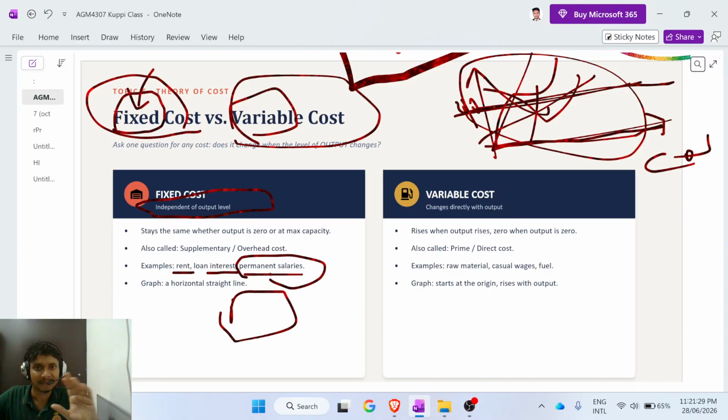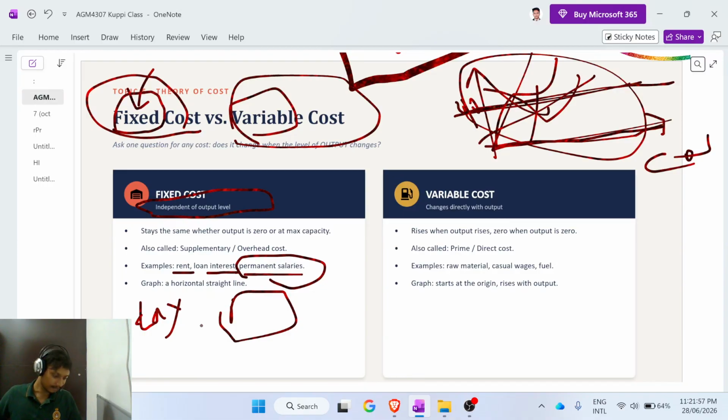Even if, for example, next month in June I do not open my hotel for one month, I have to pay rent. I have to pay tax. I have to pay the loan. I have to pay permanent salaries.